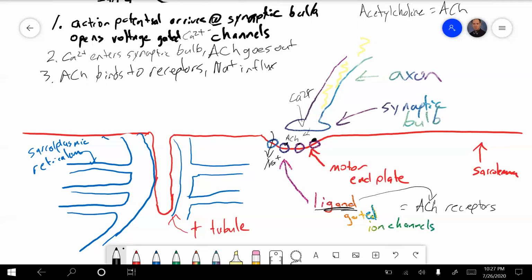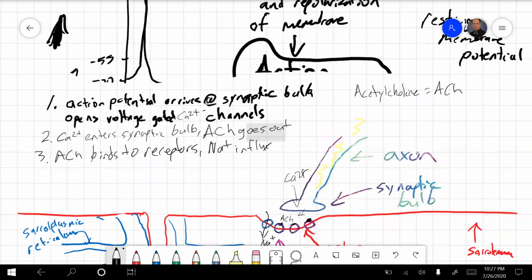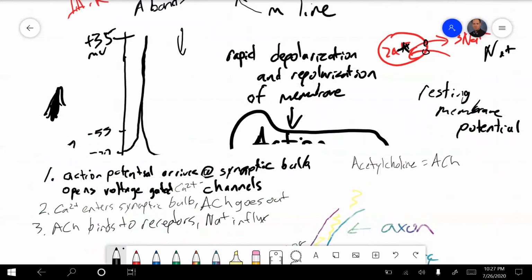Now, if we're going back and looking at our potential, we'll scroll back up here real quick, what I erased. Sodium coming in, that's depolarization. So you start to get this movement where we go from that negative 70 millivolts, going up toward negative 55.